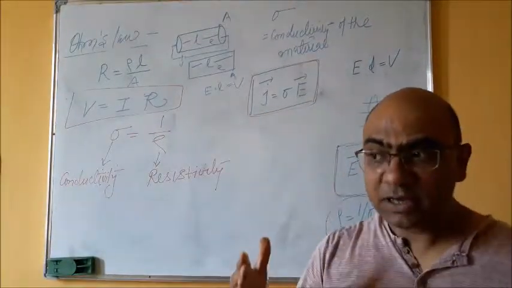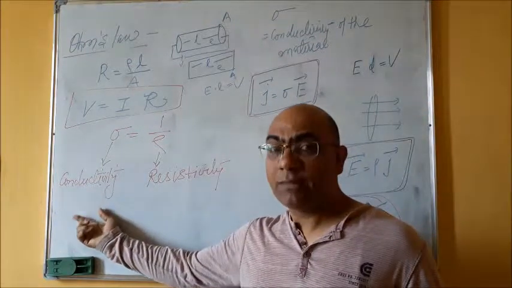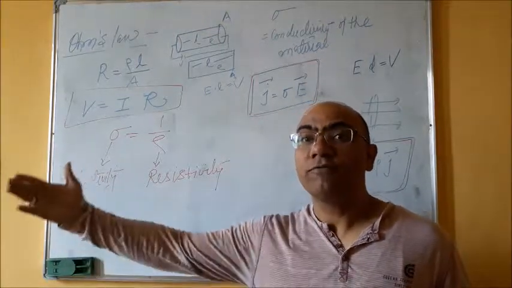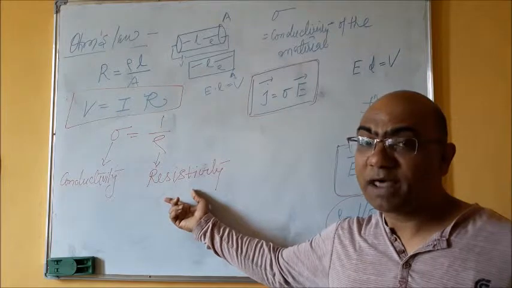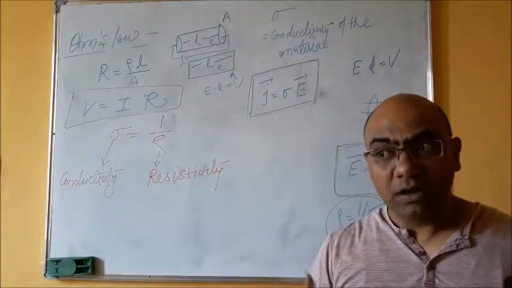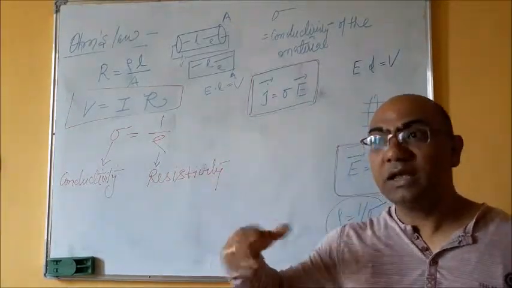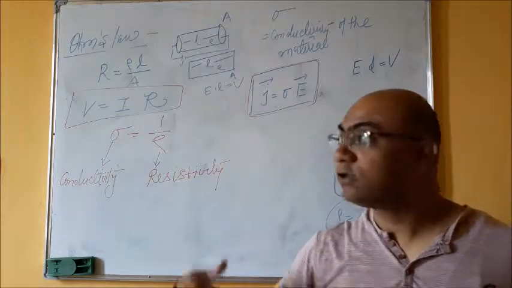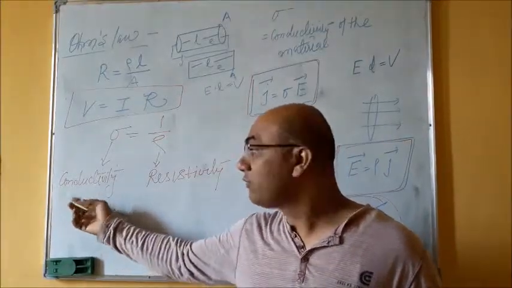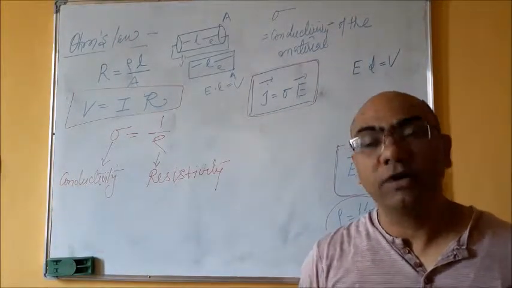So a material having more resistivity opposes the flow of current more, and if a material has more conductivity, it will support the flow of current.